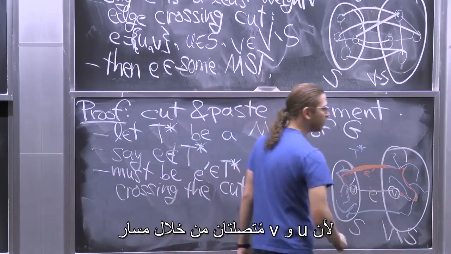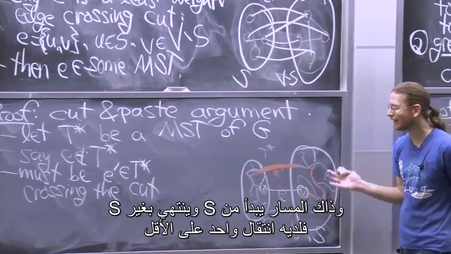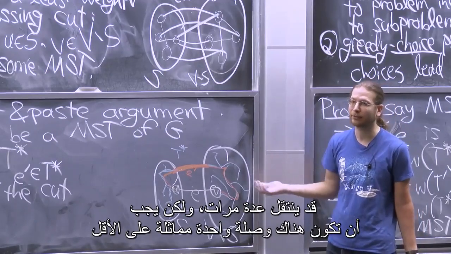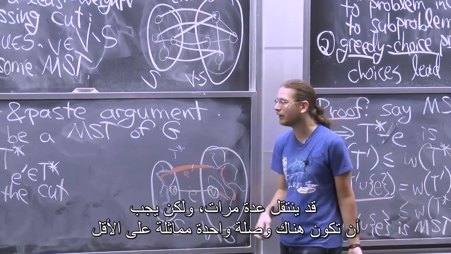Because U and V are connected by a path, and that path starts in S, ends not in S, so it's got to transition at least once. It might transition many times, but there has to be at least one such edge.